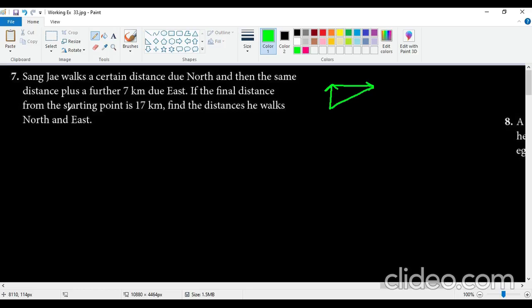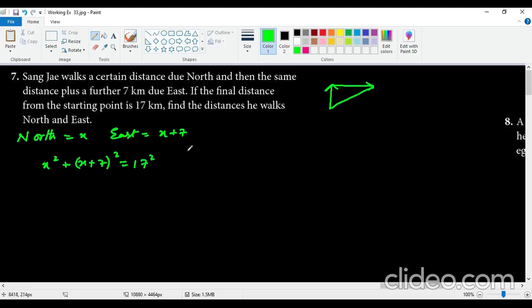So when it comes to this question, it says north position, if I consider it as x, and due east, it's going to be x plus 7 according to the condition, and x plus 7 whole square is going to give us 17 square using Pythagoras theorem.